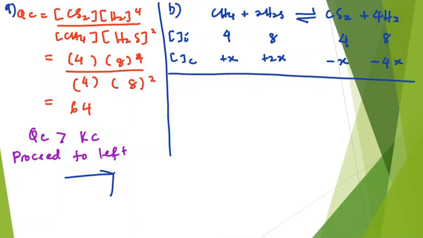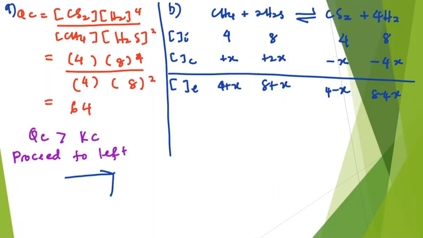Okay, so let's continue. So the concentration at the equilibrium is equal to 4 plus x, 8 plus x, 4 minus x, 8 minus 4x.